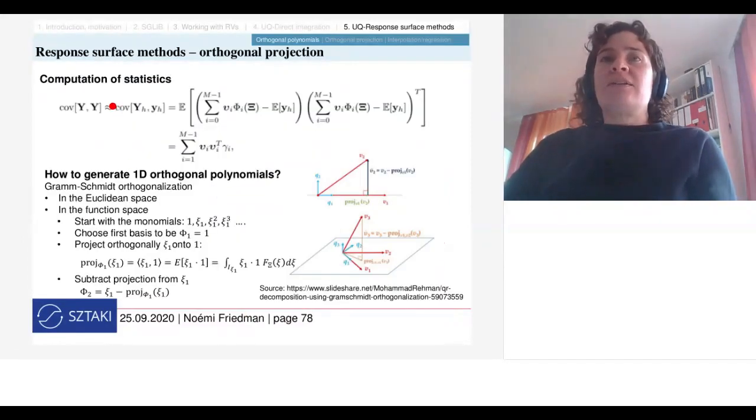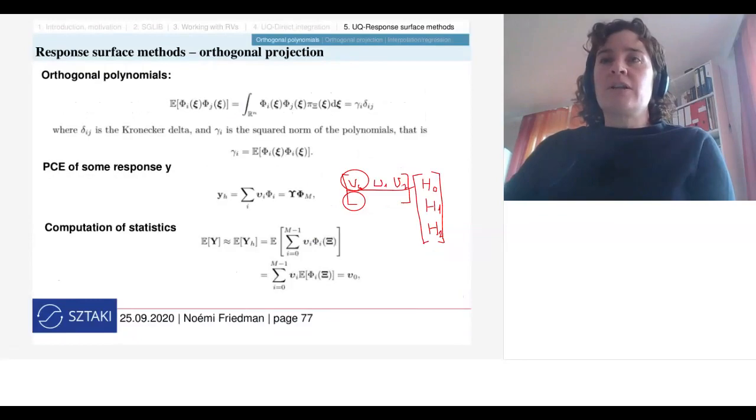And then the covariance, you can also just simply compute it from the product of the coefficients and the rest of the coefficients. So you have to get rid of the zeros one, which corresponds to the mean value, and you leave the rest.